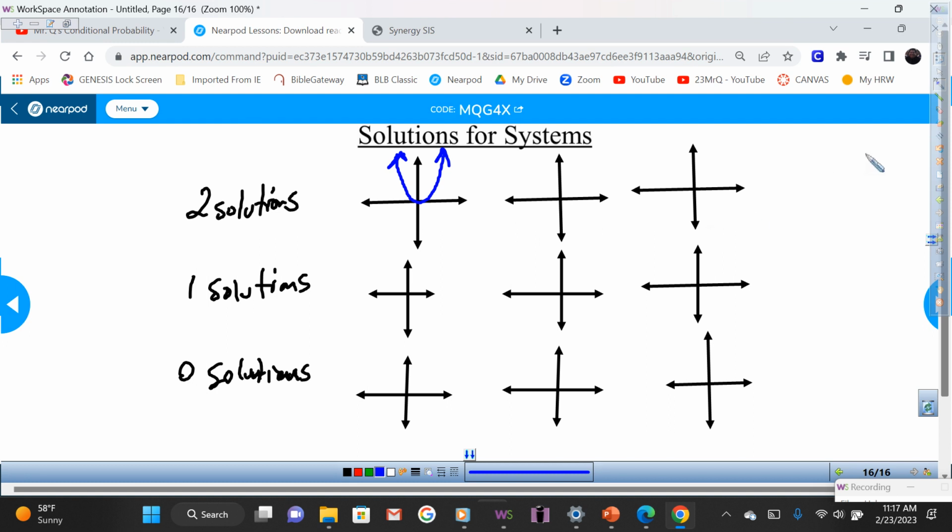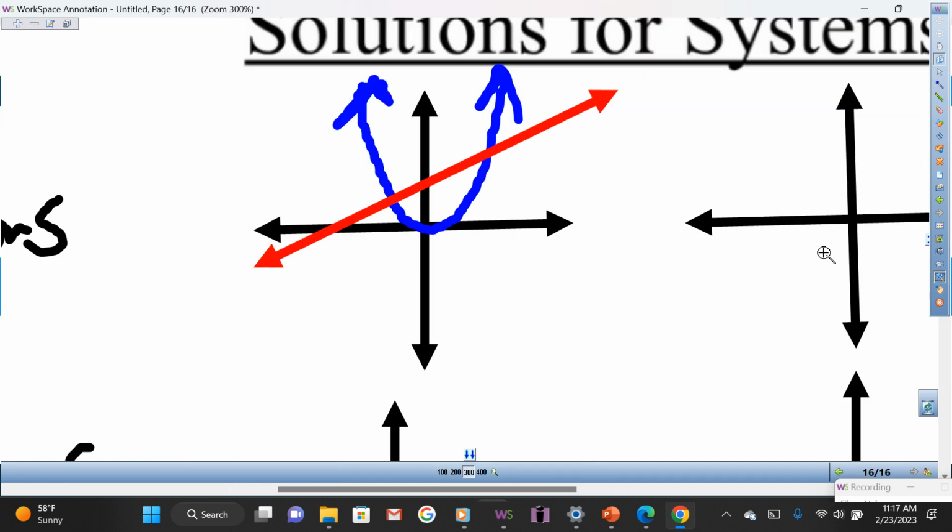Then I'm going to sketch a linear equation in red with a positive slope. Let me zoom in in case you don't see it. There it is. How many times does the red one intersect the blue one? 2. 1, 2. That's why that one is two solutions.